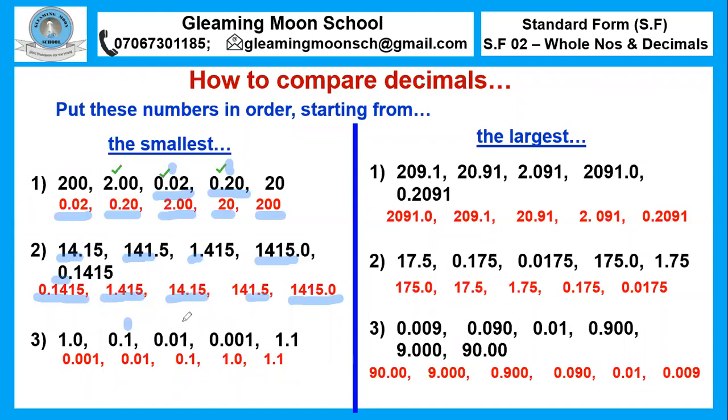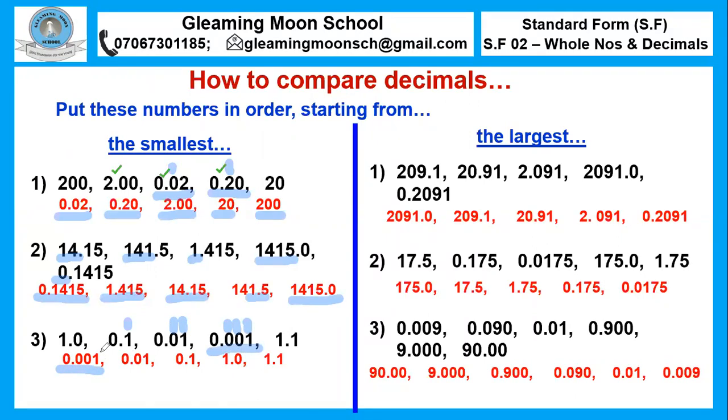This one has the 100, so we have the 10th and the 100. And this one has the 10th, the 100, and the 1000th. And remember, after the decimal point, as the number gets towards the right, it gets what? Smaller. So because it gets smaller as it gets towards the right, you will see that this one obviously is the smallest.